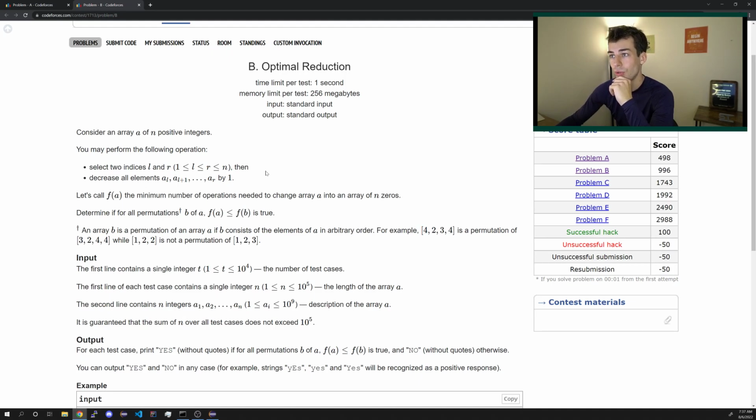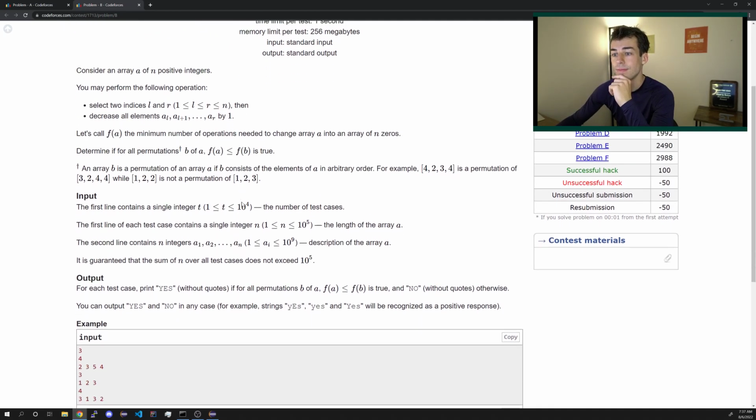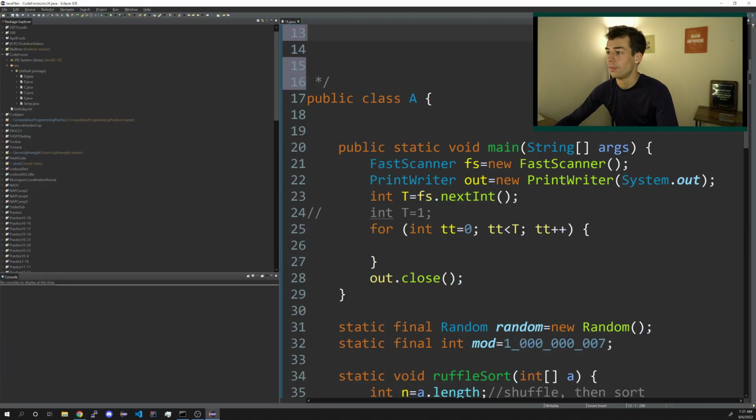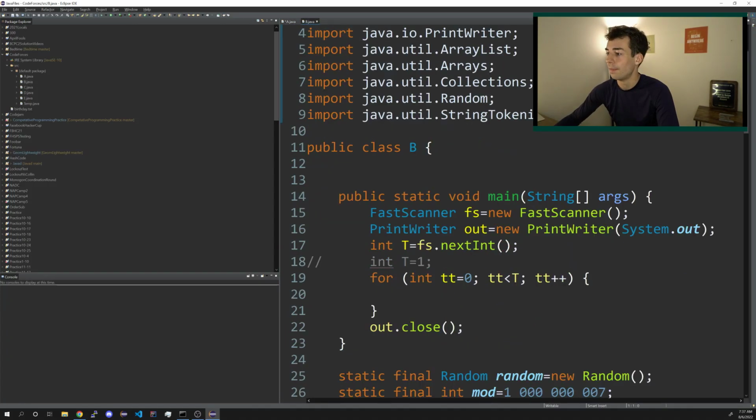So is there a way of ordering it where this number decreases? So this one, yes. Or this one, it's not. This one, it's not. This one, it is. So does it decrease and then increase is the question. We can do that.